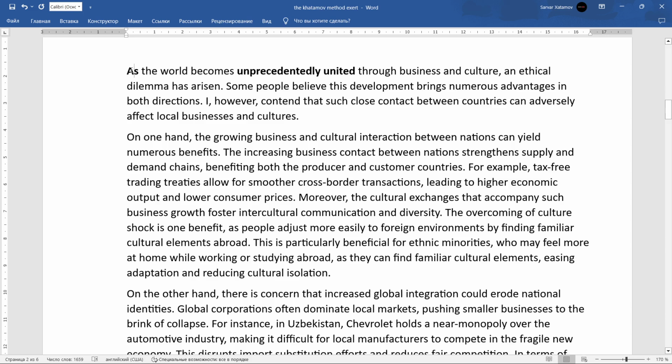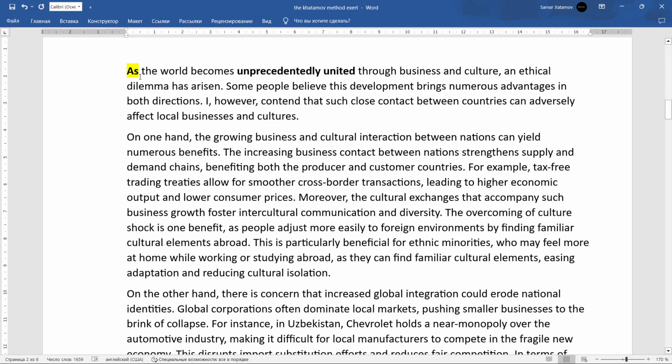So, if you're really good with your grammar, you know that as can be used both for reason and for time, right?